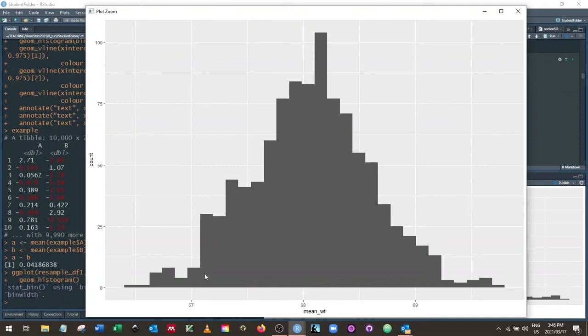And it's on this distribution that we are going to work out which value on this x-axis, let's say it is 67, let's say that's the answer we find, that below 67 there's 2.5% of the data. And let's say here above 69.5 or something, there's 2.5% of the data.